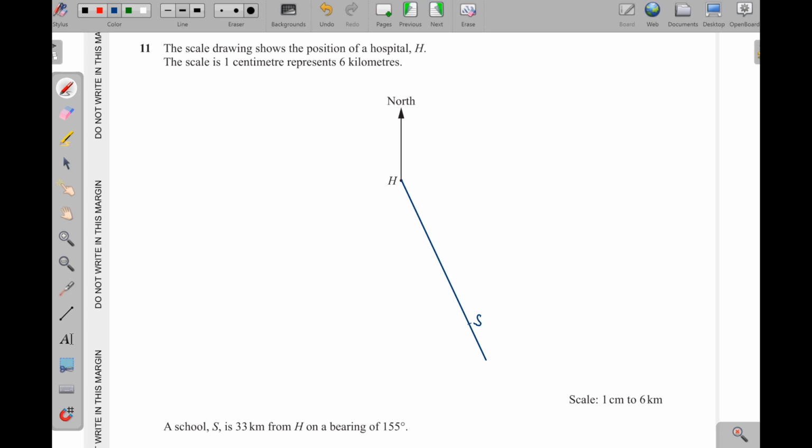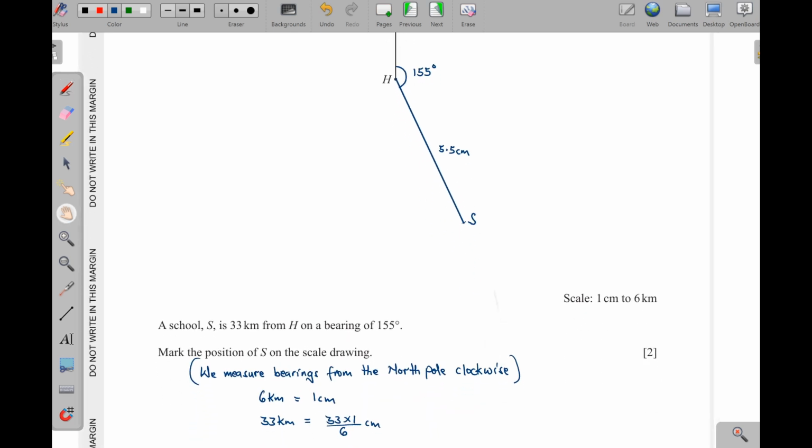S. Then we can even rub this one off, and then we go up to there. So at that point, we know that this angle here is 155 degrees, and H to S is 33 kilometers, which is 5.5 centimeters. As simple as that.